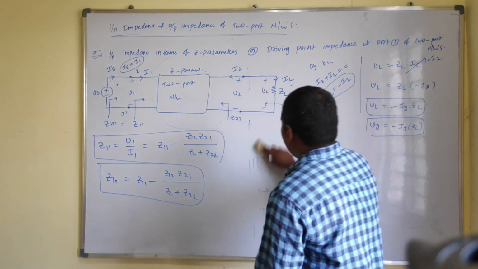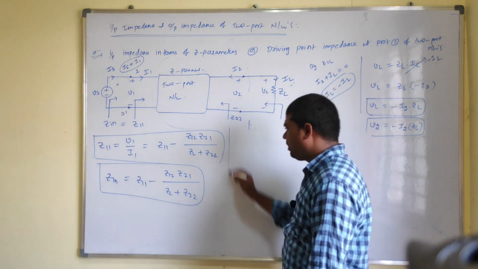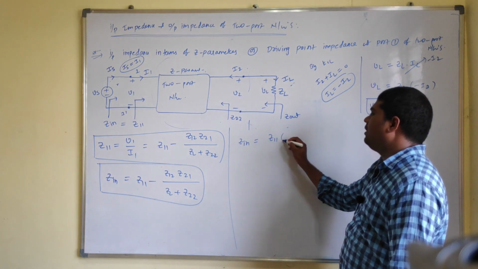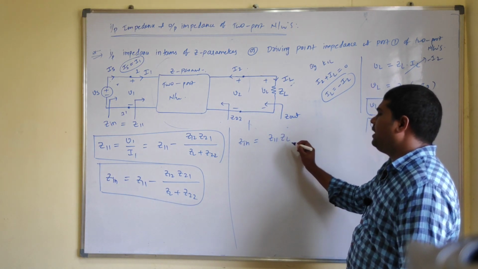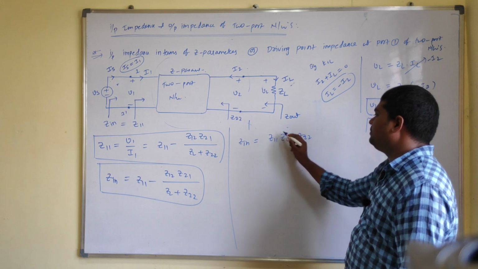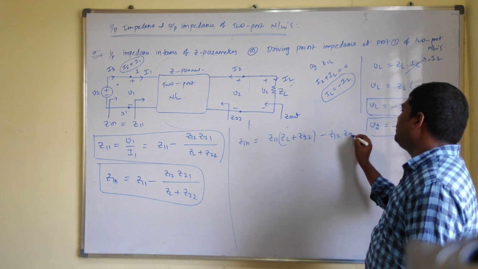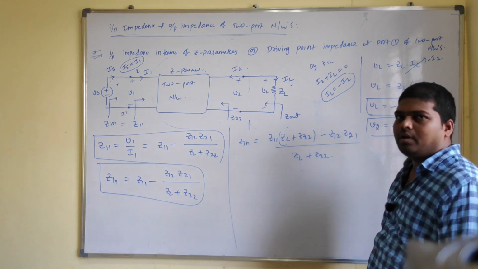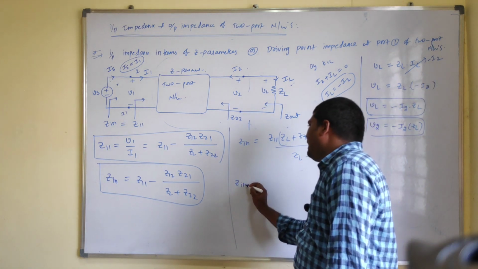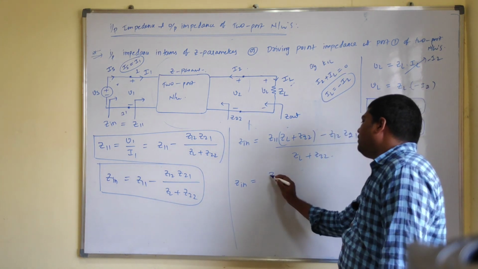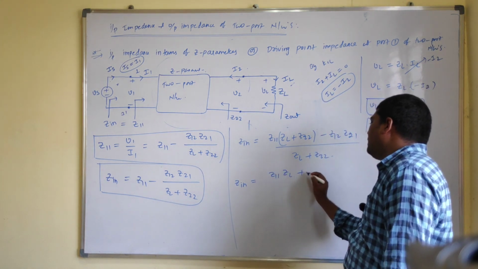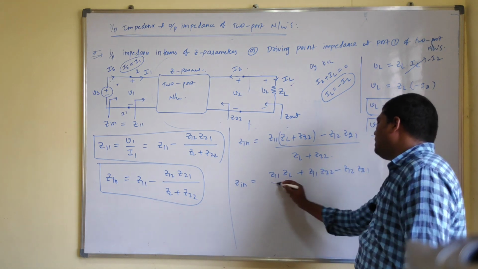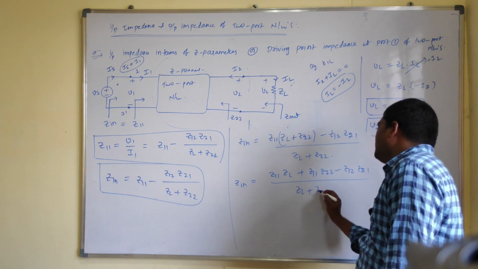then you will get Zin equals Z11 into ZL plus Z22 minus Z12 into Z21 by ZL plus Z22, right? And next, Zin equals Z11 ZL plus Z11 Z22 minus Z12 Z21 over ZL plus Z22.